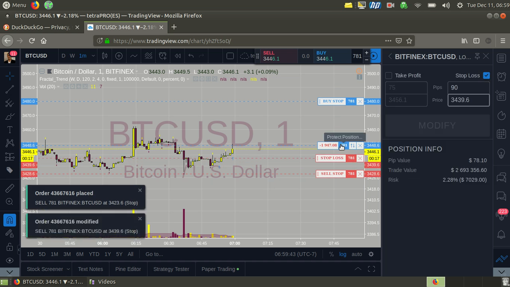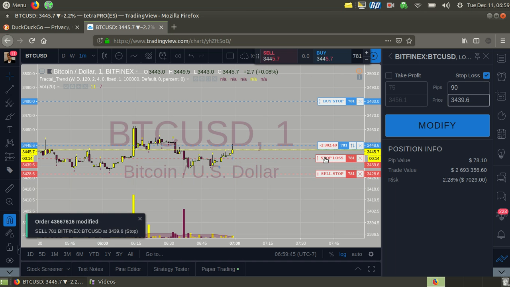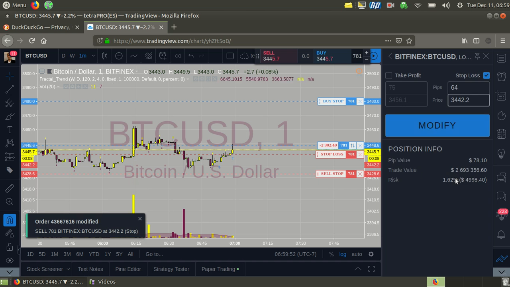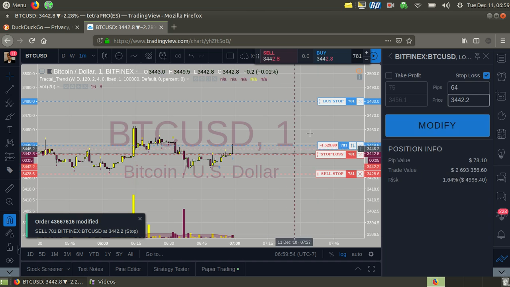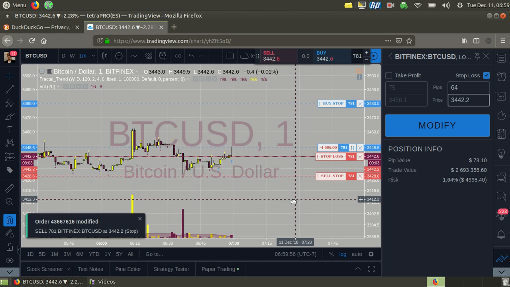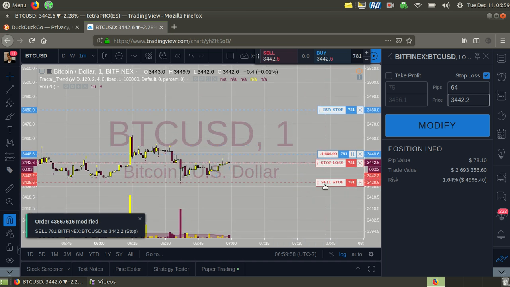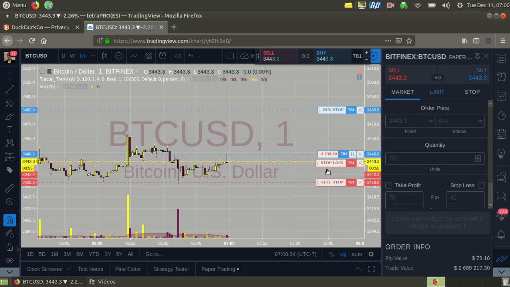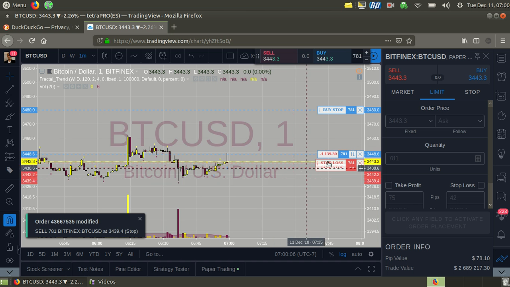You can see that we have on risk now 2.28, which is above our limit of 2. So we reduce risk. 1.62%. We may get stopped out right here. That's fine. I have an opportunity to move my sell stop up for a better entry because prices moved up, creating a better entry for a downward move there.